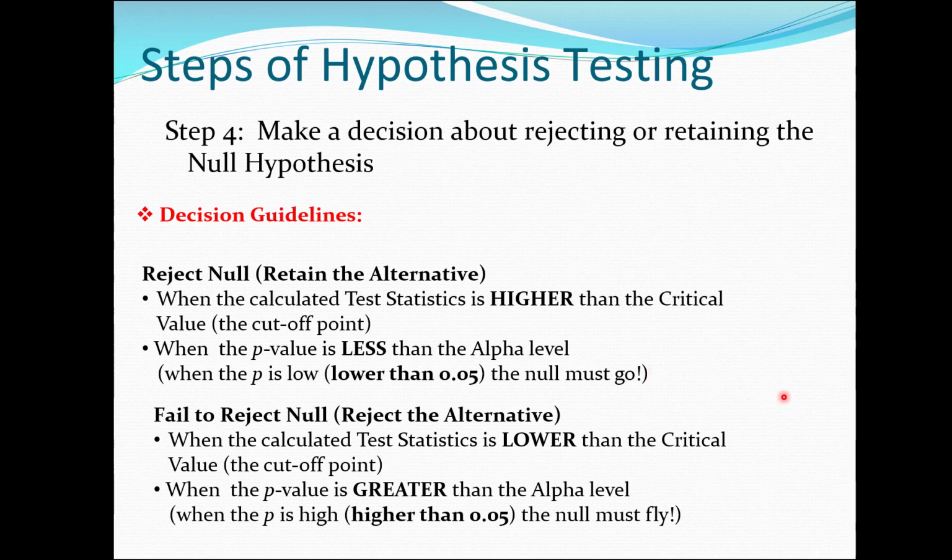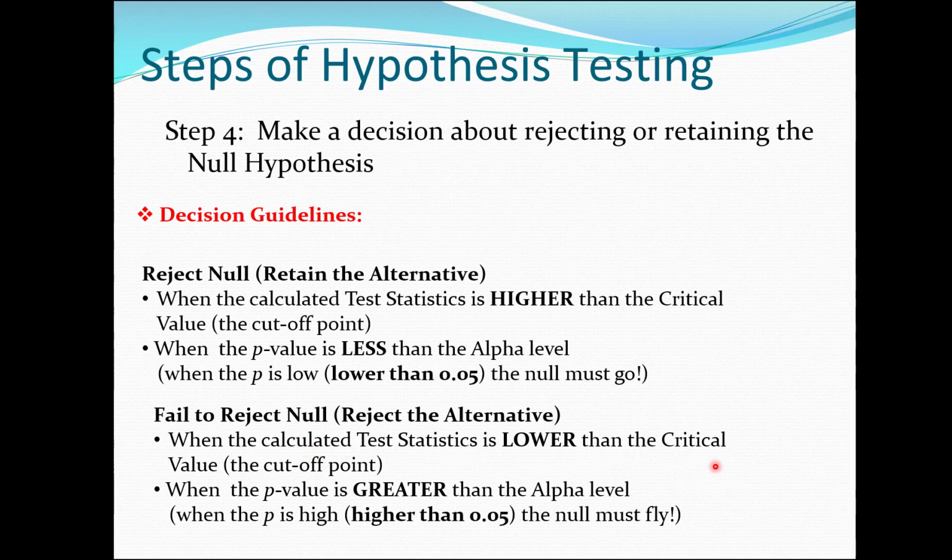Based on what I talked about in the previous slide, you should be able to understand that p-value less than alpha level is the same thing as the calculated test statistic being higher than the critical value. And p-value greater than the alpha level is the same thing as the calculated test statistic being lower than the critical value.